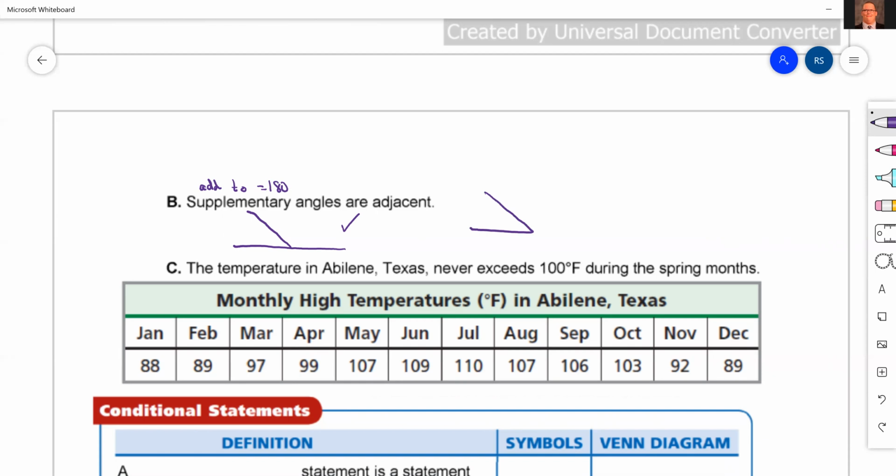Let's say this angle was 27 degrees. And then we came over here and drew something like that and said it was 153. Are those 2 angles adjacent to each other?